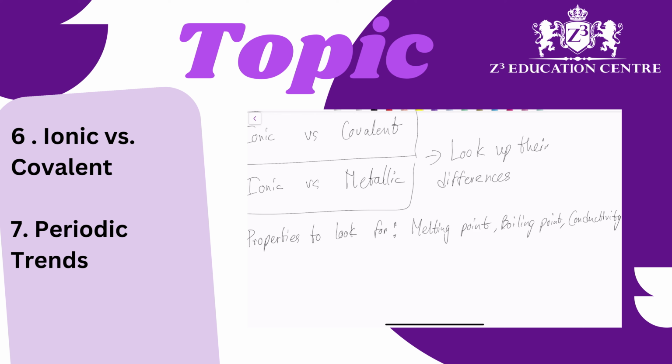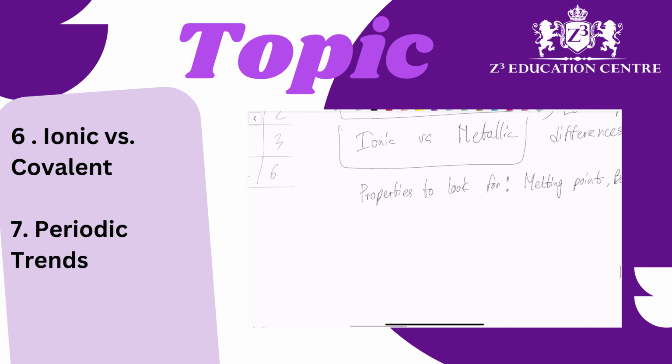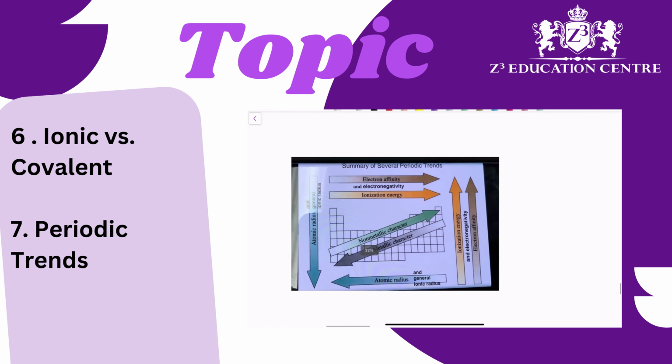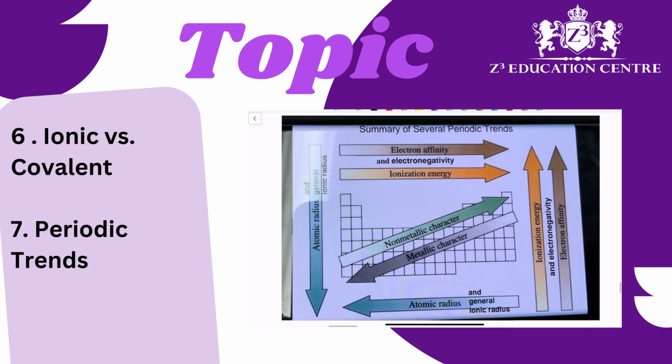The last thing I want you to focus on today is the periodic trends. So atomic radius will increase as we go down the group, and atomic radius will increase as we go from nonmetals to metals.